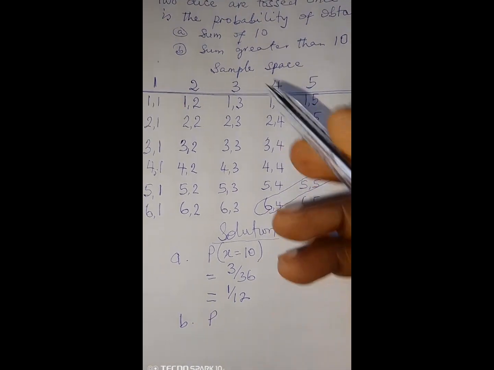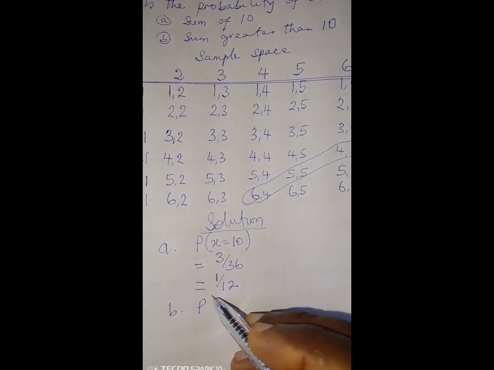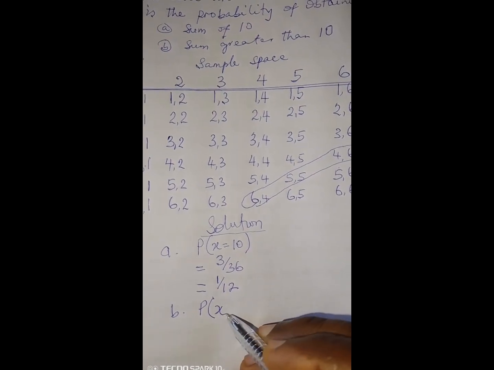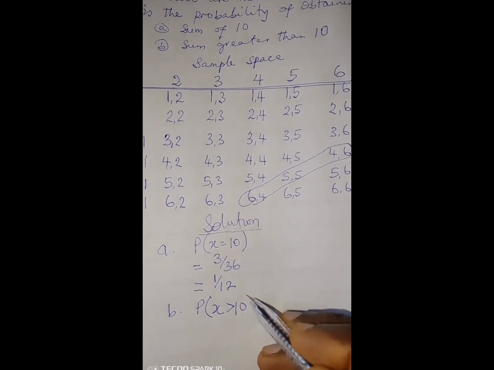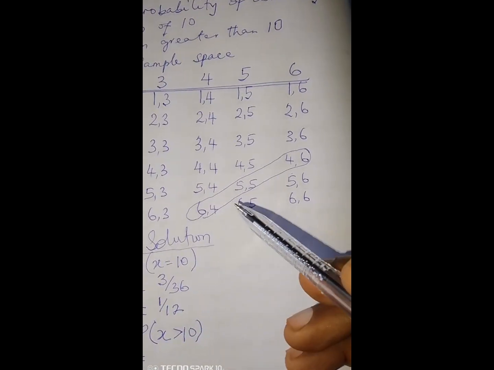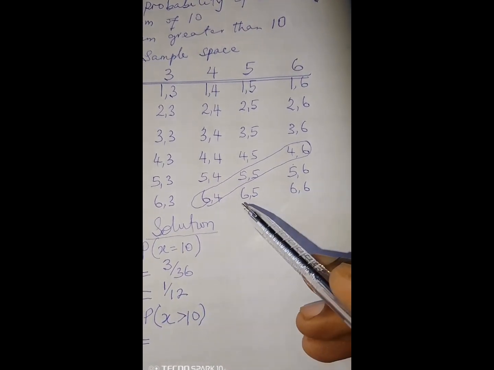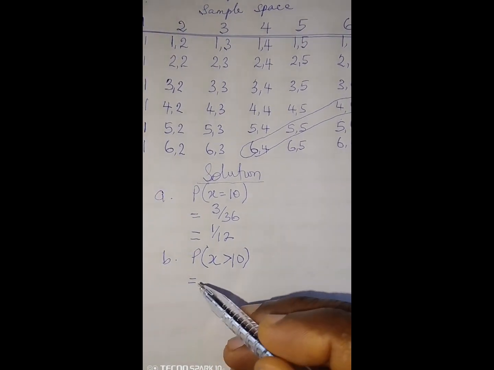Now let's look at the B part. The B part says, what is the event, the sum greater than 10? Let us consider that and say, okay, we're looking at event x, and event x is a sum that is greater than 10. So that is equal to how many? 5 and 6, 6 and 5, and 6 and 6.